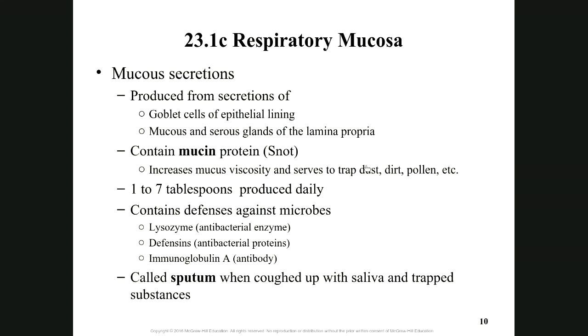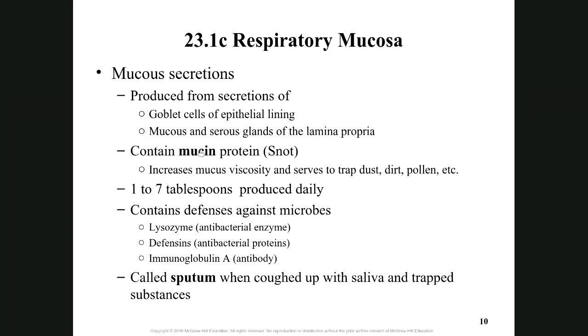And our respiratory mucosa can secrete mucus, and this mucus is secreted from the goblet cells which we have in this epithelium. The mucus and serous glands are present in the lamina propria, and both of them secrete on the surface.